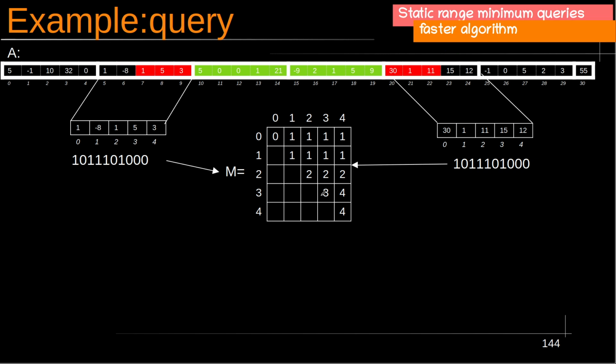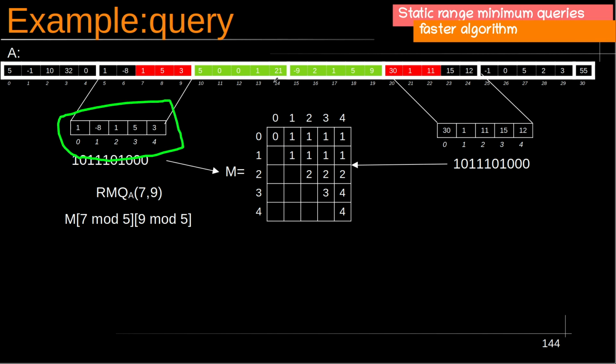So now how to compute SMRQ from 7 to 9? First, let's get the position of the minimum in this array. If my matrix is called M, we take 7 mod 5, where 7 is the left boundary, for the first index, and 9 mod 5 for the second. 9 is the end of the first block, which we can get from L1 minus 1, that is 10 minus 1.